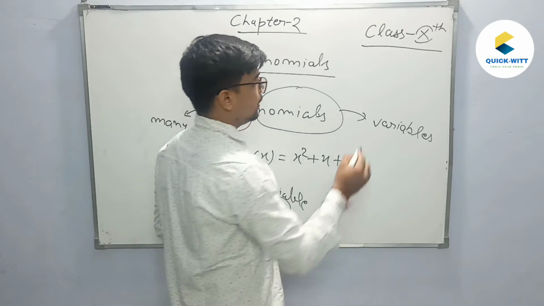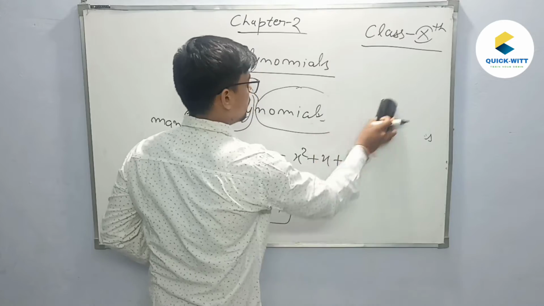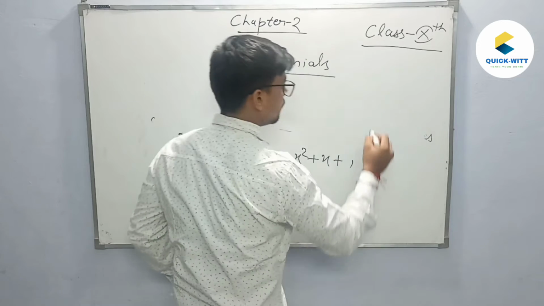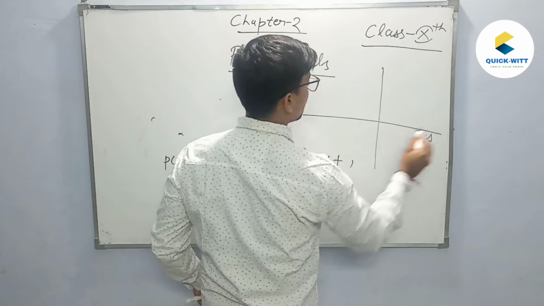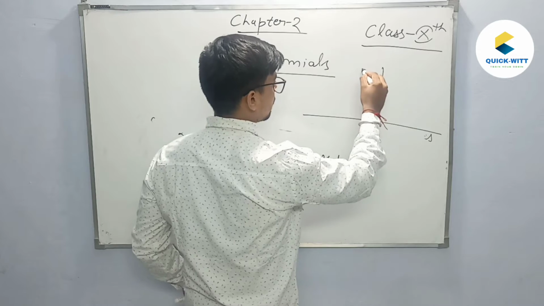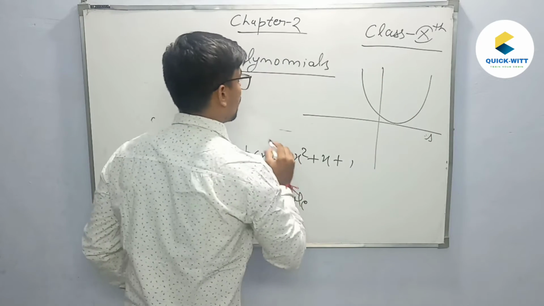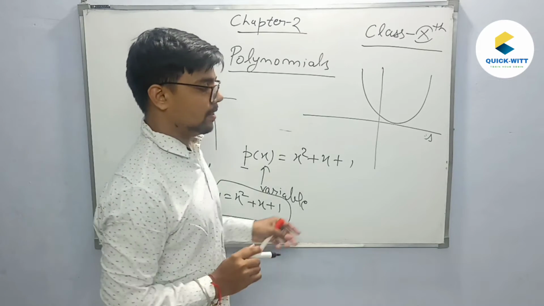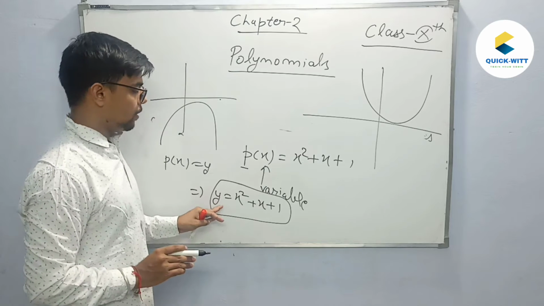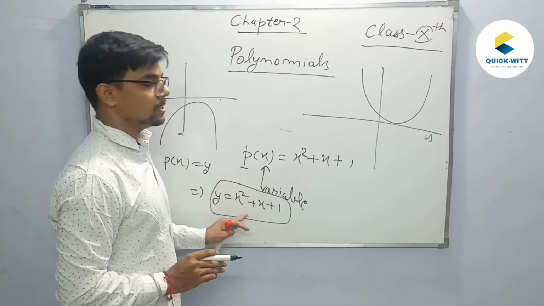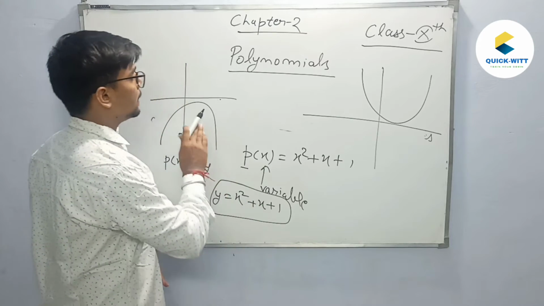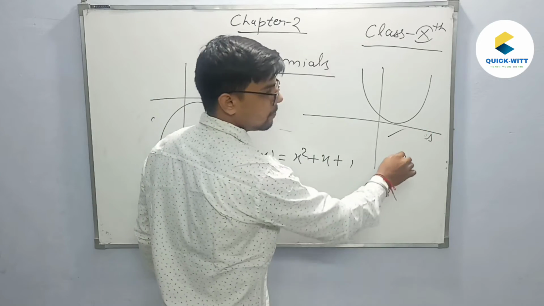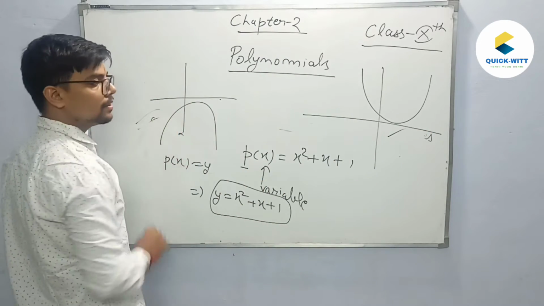When we draw its graph, you get a graph which is either in this shape or in this shape. If we write y equal to x square plus x plus 1, just this type of equation, then it can indicate two diagrams. It can be in this form or it can be in this form.